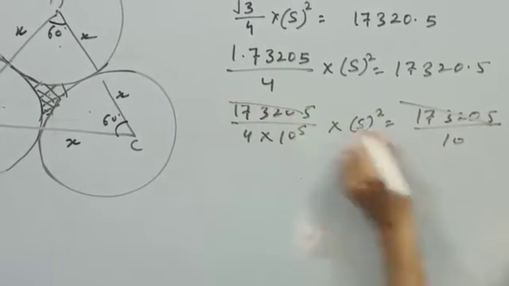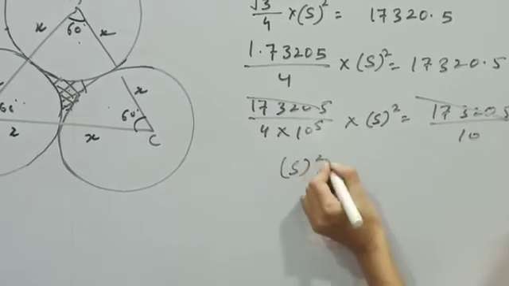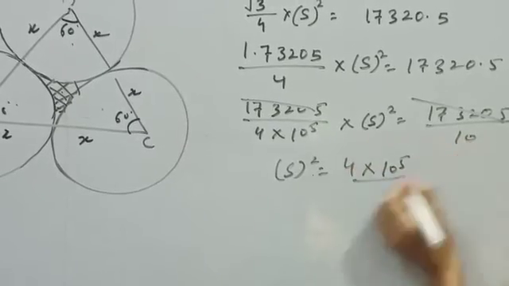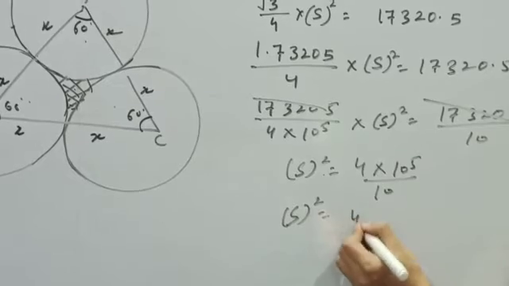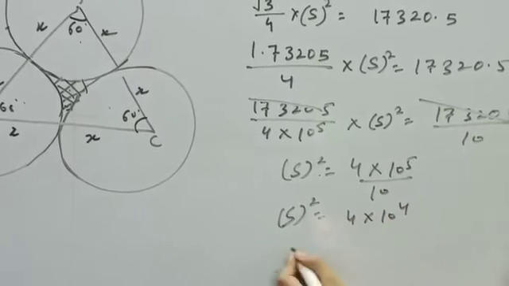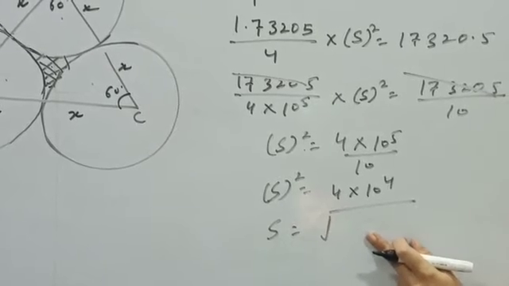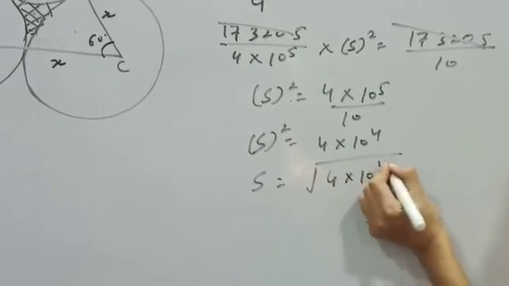Then these two numbers will be cut out each other, and here will be side square is equal to 10 raised to power 5 into 4 upon 10. One more 10 will be cut out, so side square is equal to 4 into 10 raised to power 4. So side is equal to square root of 4 into 10 raised to power 4; obviously we take positive because side is always positive.